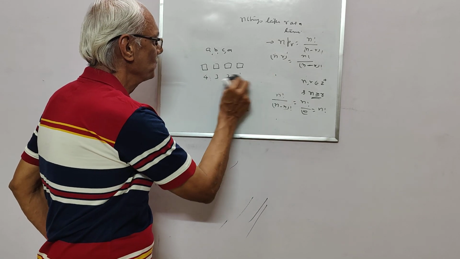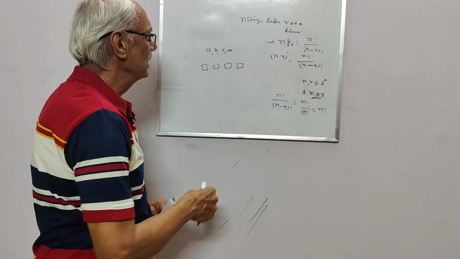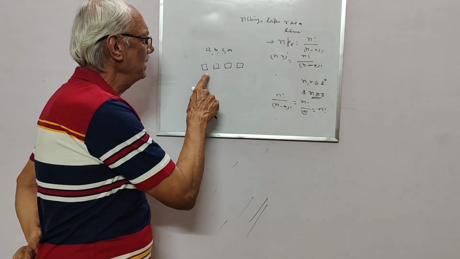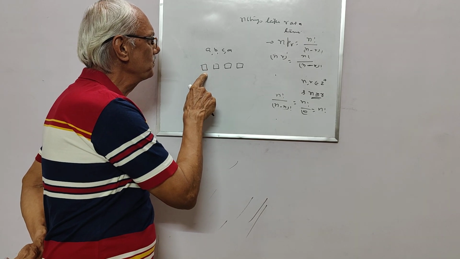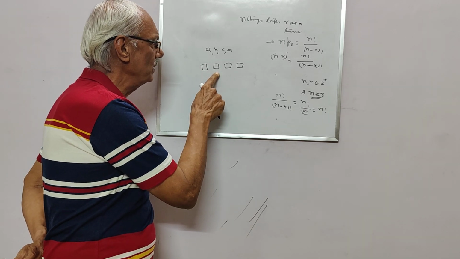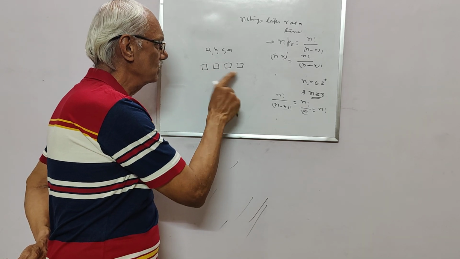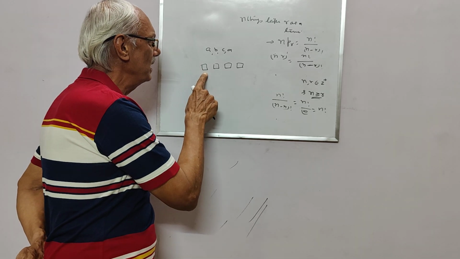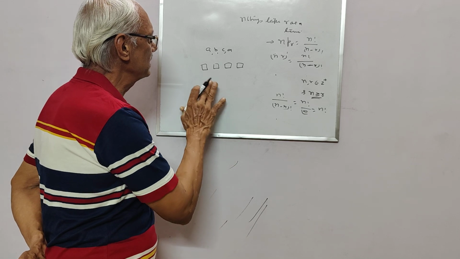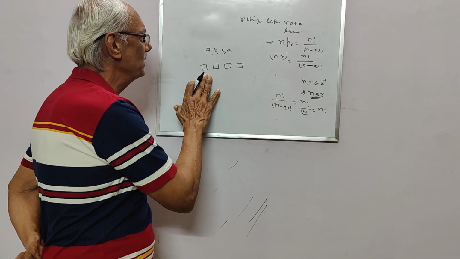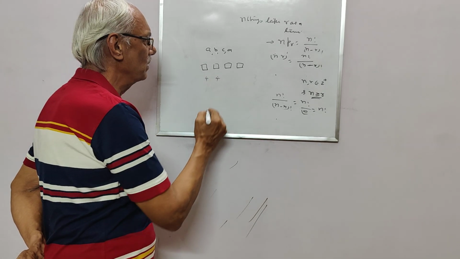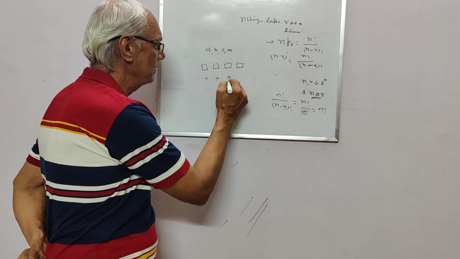Let us suppose that you have got four places, and you can fill this place by A, fill this also by A, this also by A, this also by A. You can fill this by B, this also by B. So you can fill it up in four different ways. This also can be filled up in four different ways.